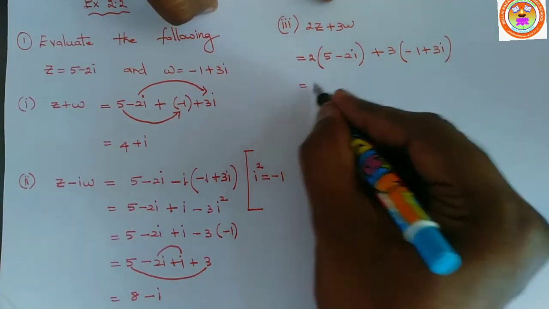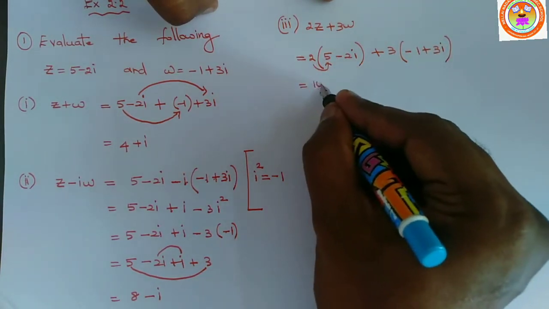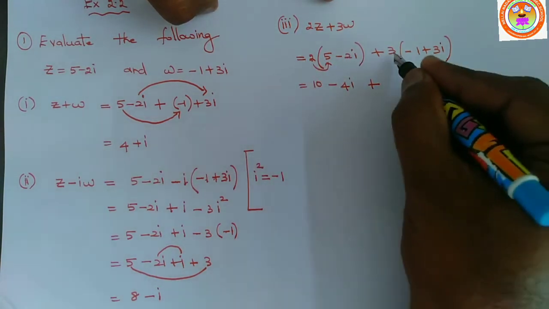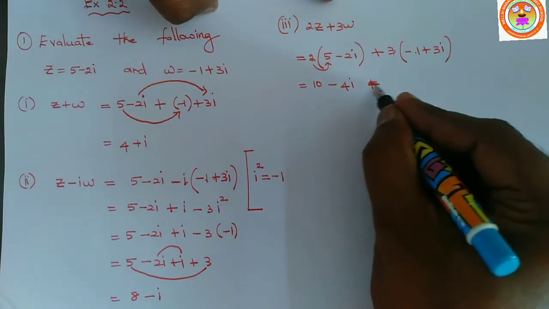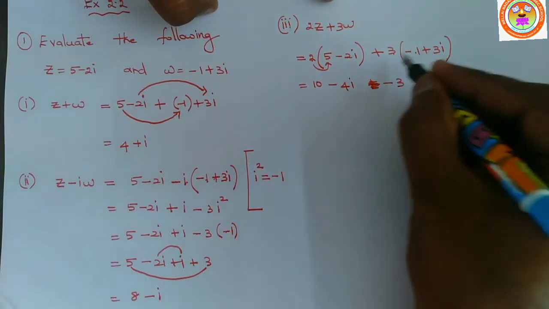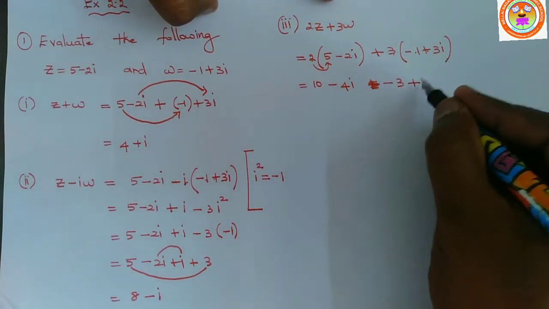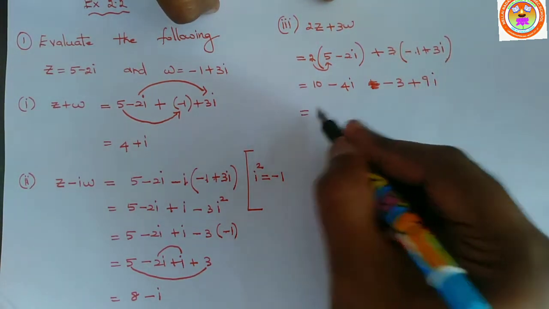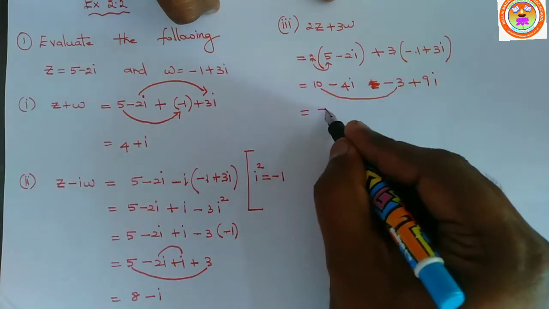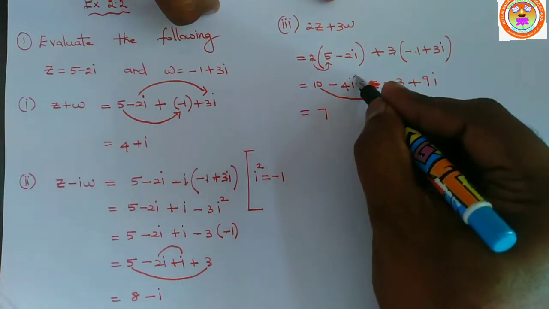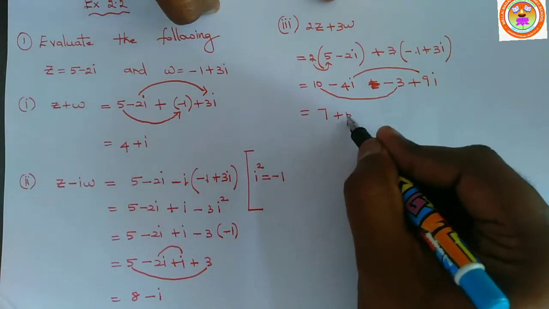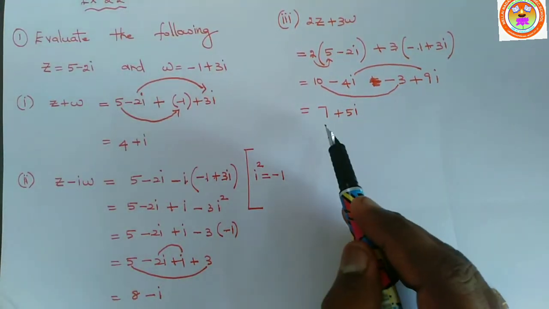Just like usual multiplication only. 2 5s are 10, minus 2 2s are 4i, plus 3 into minus 1, minus 3, plus 3 3s are 9i. So real and real: 10 minus 3, 7. Imaginary and imaginary: minus 4 plus 9, which gives us plus 5i.